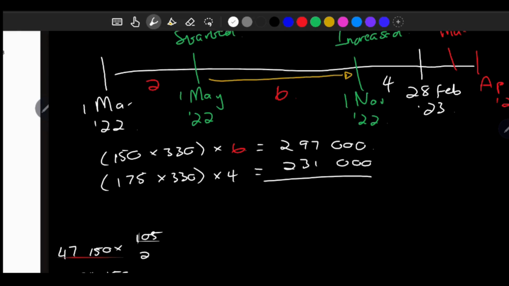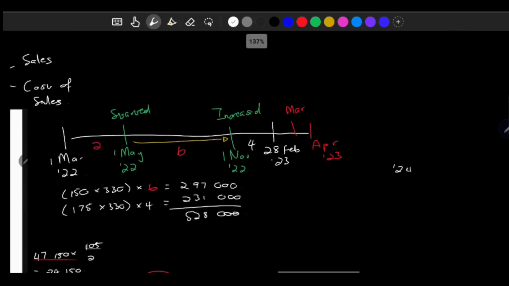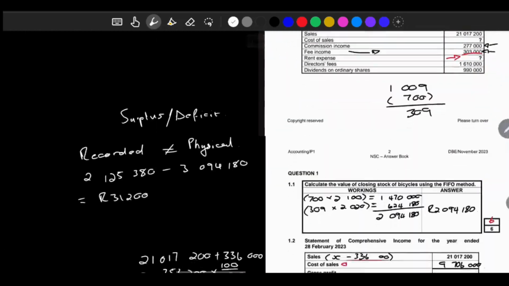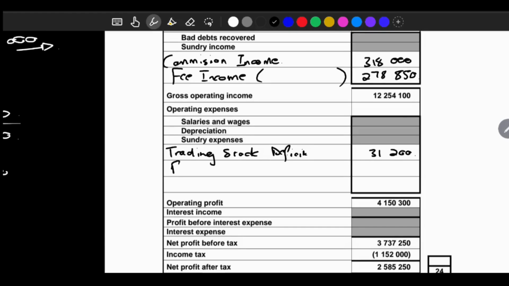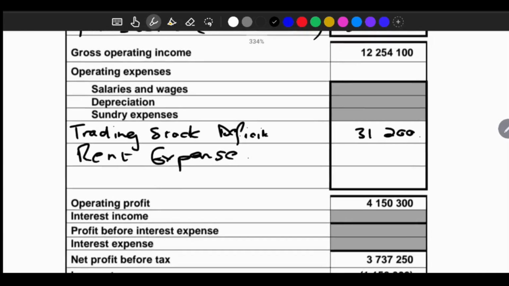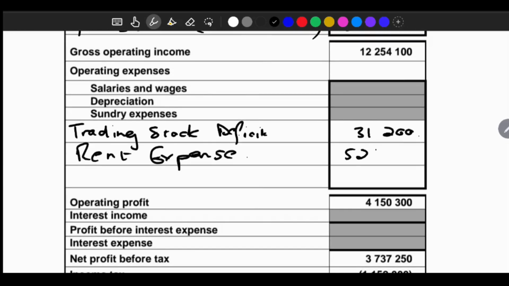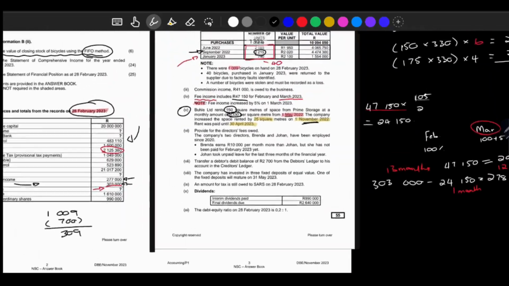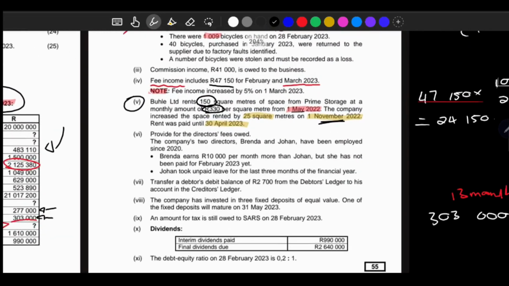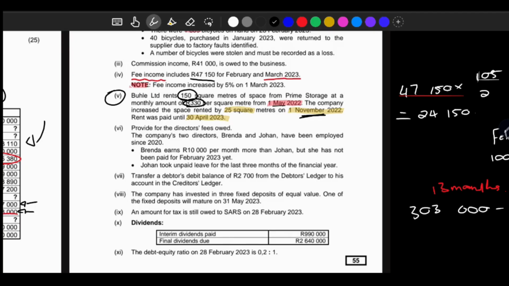Made a couple of mistakes there, but yeah, please learn from my mistakes so you can get your perfect mark, right? So that is going to be our rent expense. We're going to put in the full amount there, so rent expense, that will go there, rent expense, excuse my handwriting, and that will be 528,000, right? Please make sure that you write way better than how I am writing so that your teachers can see what you are answering, right?